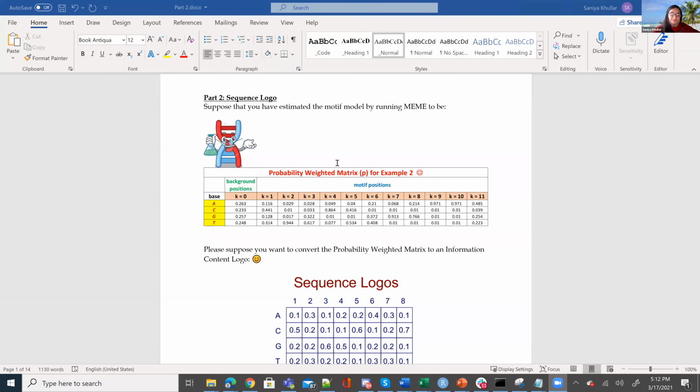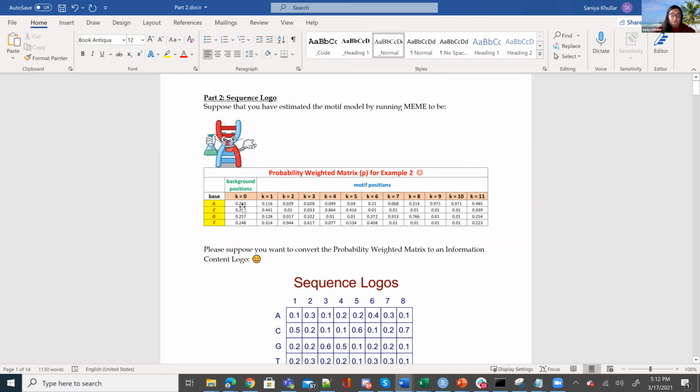So in this example, please suppose that you have estimated the motif model by running the expectation maximization algorithm for motif discovery, but whatever it is, you have estimated a probability weighted matrix. So you have these 4 DNA bases, A, C, G, T. This is the non-motif, the background position, K equals 0.